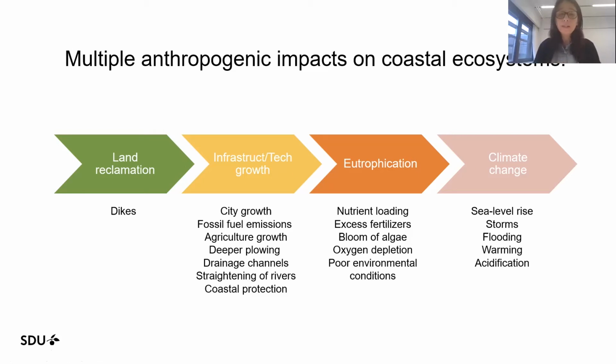And also there are different time frames. Land reclamation was done in the end of the 1800s in Denmark. Eutrophication, we had problems in the 1990s, but it has been addressed in some way or another. Climate change has started much before, but now is when we have to come up with actions, right?